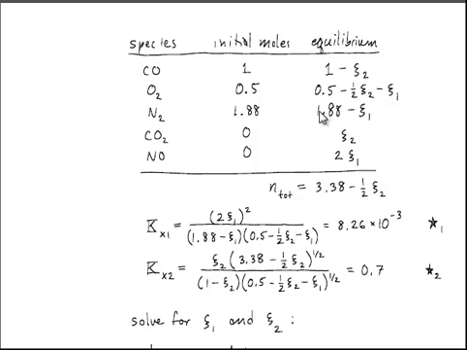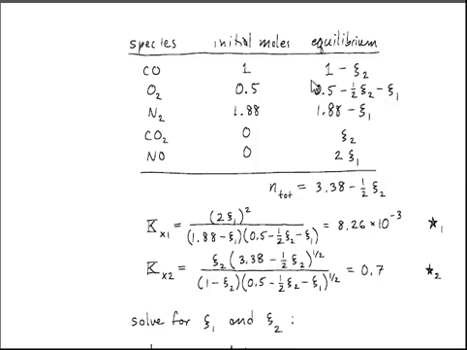The first reaction will take nitrogen from 1.88 moles at the inlet. The extent of reaction 1 decrements that by an amount Xi1 because it appears once in the stoichiometric reaction. Each of these two reactions consumes some of the oxygen, and so this is how the two reactions are coupled. They're coupled through their common consumption of the oxidant.